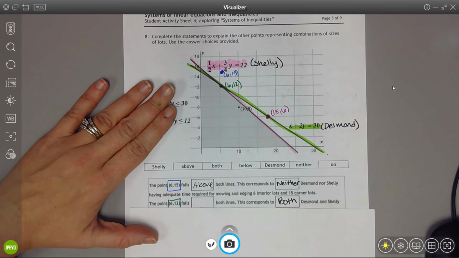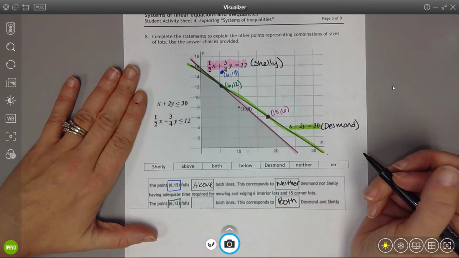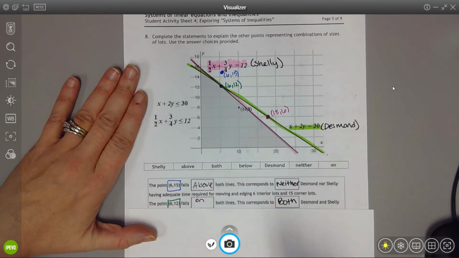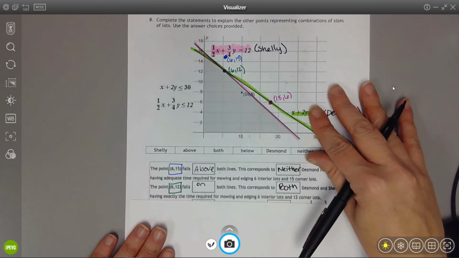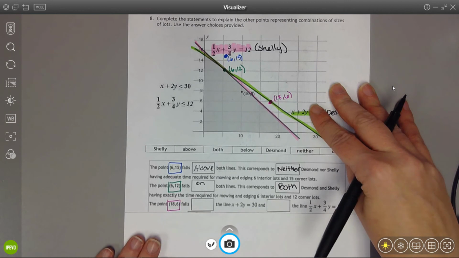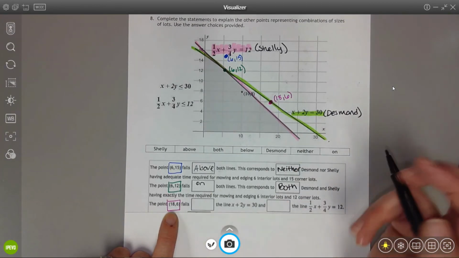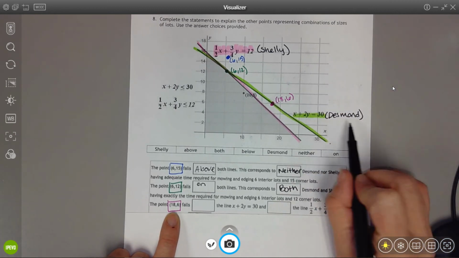Okay. So now the point (6, 12). It falls on both of those lines. This corresponds to both Desmond and Shelly having exactly the time required. The point (18, 6), well, it falls on Desmond's line.